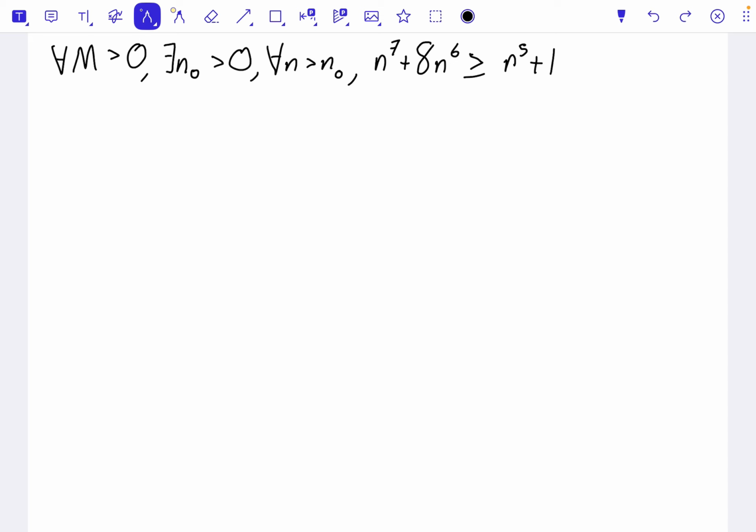I thought we were going to be able to use that drop unneeded terms trick, but nope. We're going to have to do something more complicated. I was hoping that this simplified side would just be n to the 5, but that's clearly not greater than or equal to n to the 5 plus 1. Oh well, maybe we'll be able to use the trick here.